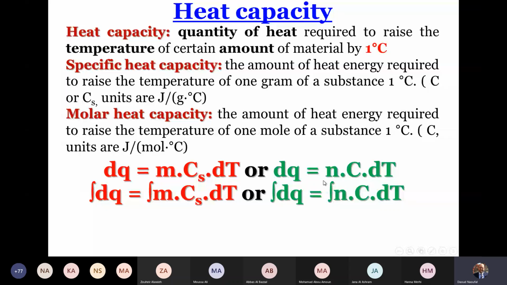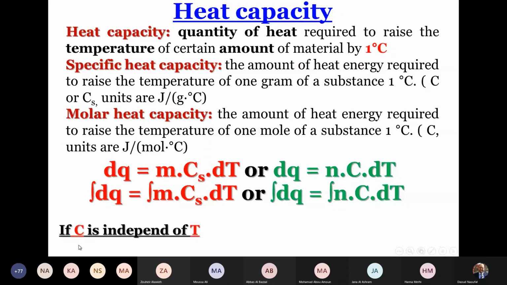Or if I'm working with the number of moles, I can write the integral of dQ from initial to final equals the integral of n C dT from initial to final. Now we have two cases. m and n are constant because this is the amount given. So C depends on the temperature, or C is independent of the temperature.